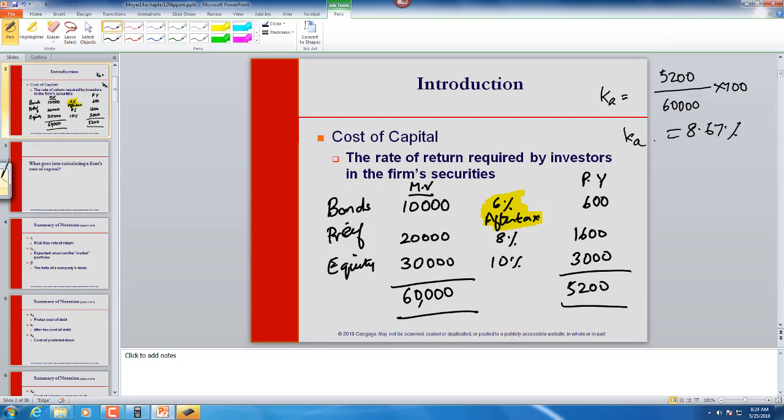Now the textbook also recommends you can do it another way. For example, you can take the weights of these and multiply them with the percentages. What are the weights?